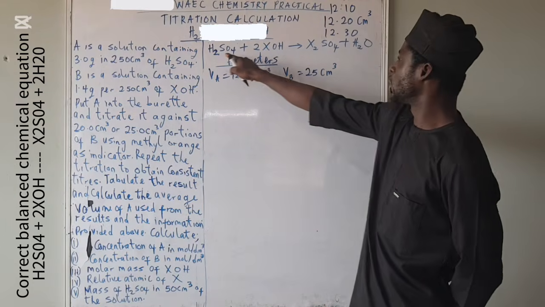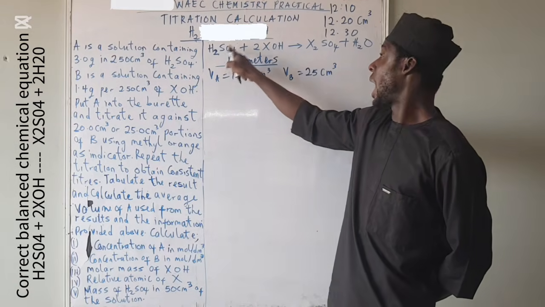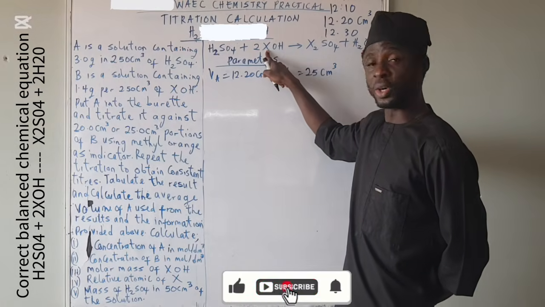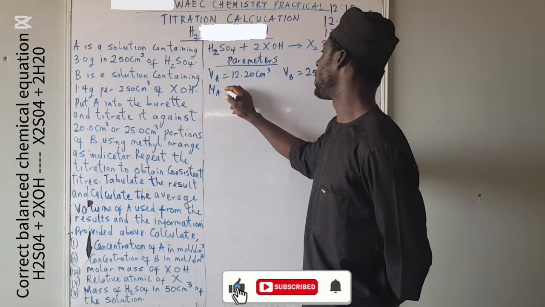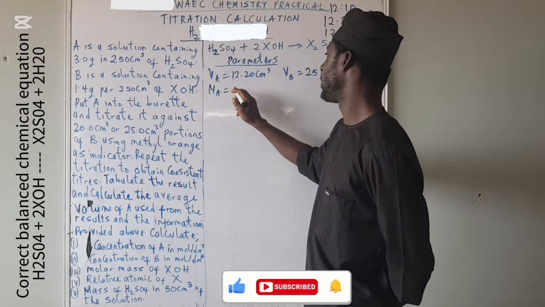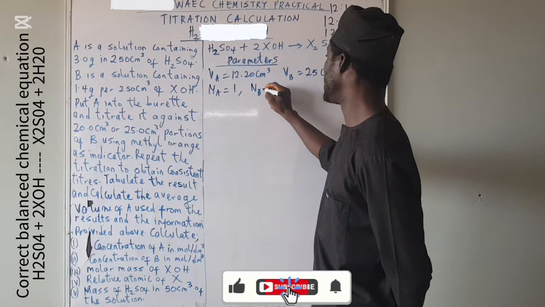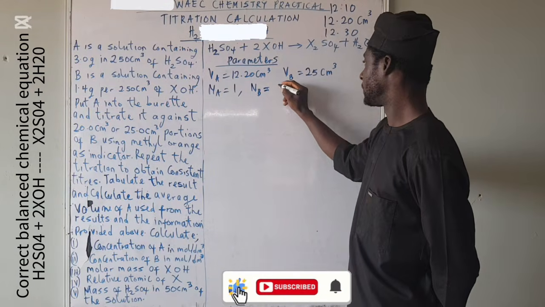Now from our equation, we are going to get our number of moles of acid used, and we are also going to get the number of moles of base used. So our NA is the number of moles of acid used, and here it is 1. Then for our number of moles of base, that is 2.